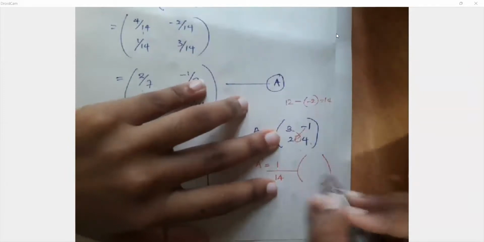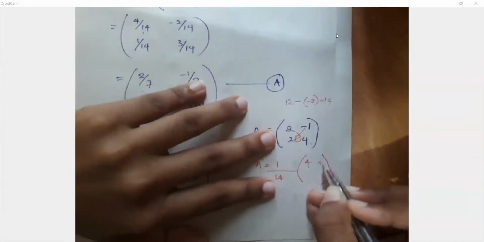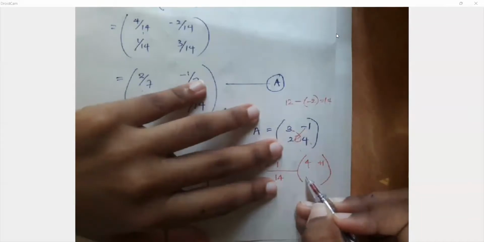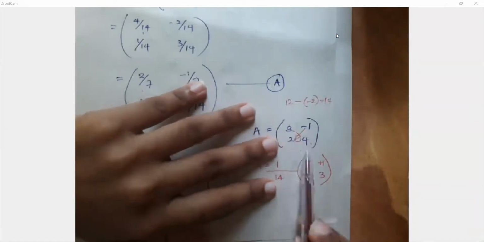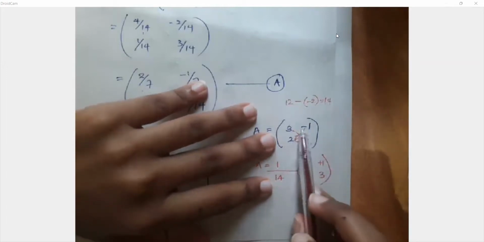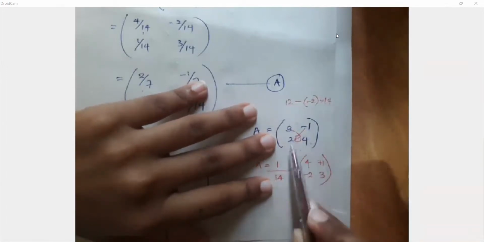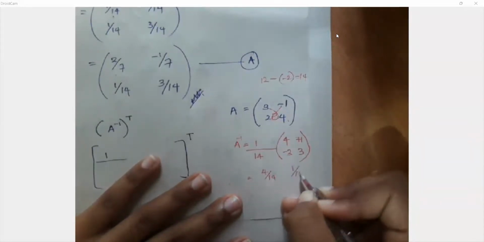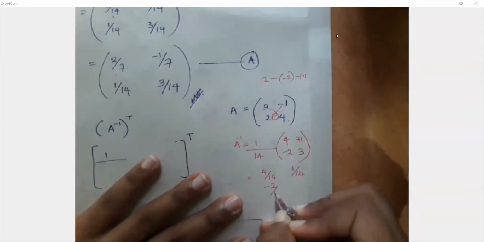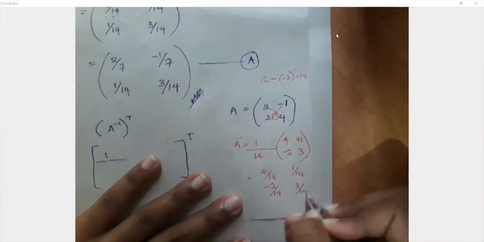Rows. Tell me row wise. 4 plus 1, minus 2, 3. Here, first we interchange the diagonal. Then next minus 1 means plus 1. 2 means minus 2. Now, I shall simplify this one further. 4 over 14, 1 over 14, minus 2 over 14, 3 over 14.